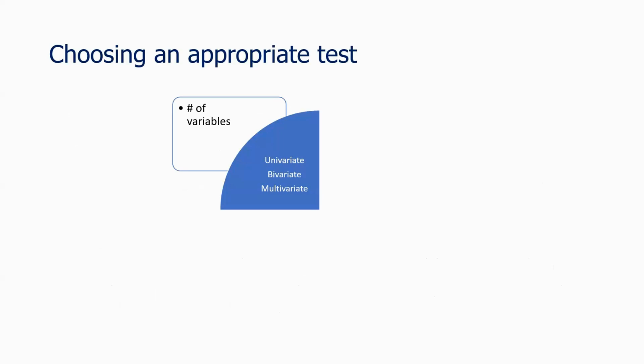That means you have multiple independent or exposure variables, and you're trying to look at the association with the outcome of interest. A univariate analysis would simply be, let's say you are just looking at the distribution of BMI values and you want to compare them with some known value. So the number of variables is important.